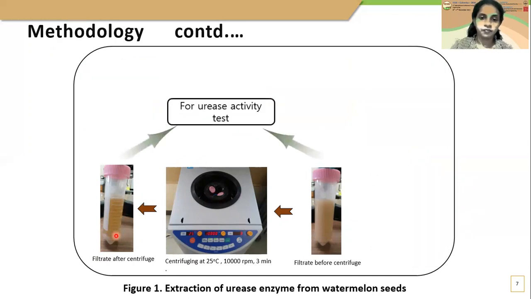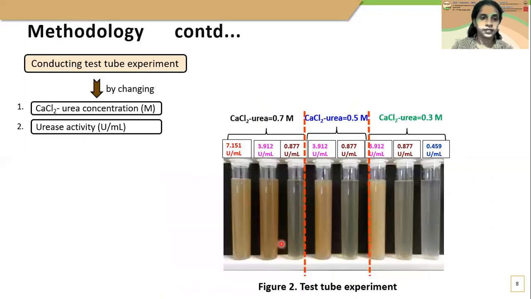Then we used both these filtrates for the urease activity testing because we wanted to check what happened to the filtrate when we do the centrifuging. Then we conducted the test tube experiment in order to check the rate of calcium carbonate precipitation with different combinations of calcium chloride, urea, and urease.